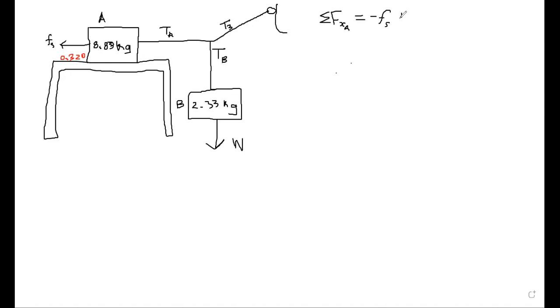And the one that is facing the right, which is the tension, TA, will be positive. And they must give us 0.